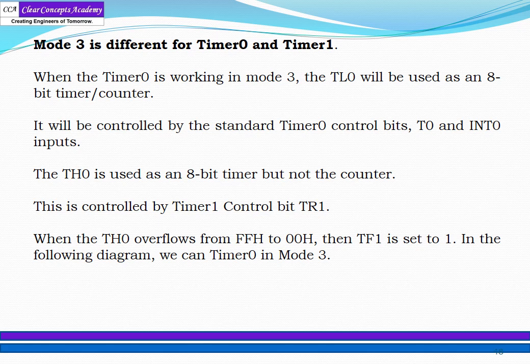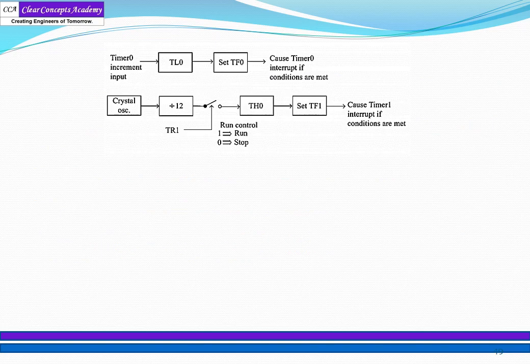In the following diagram, we can see timer 0 in timer mode 3. This is the diagram of timer mode 3. This is timer 0 input. You are loading some value in the low byte of timer 0, and it will start incrementing.